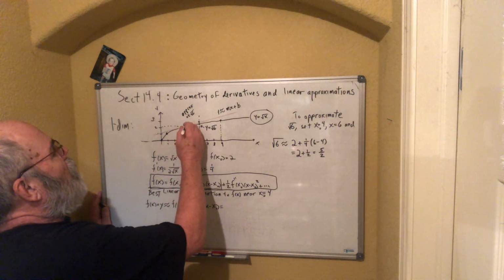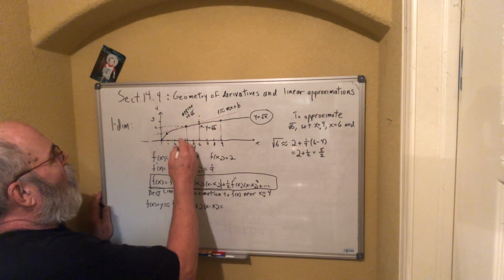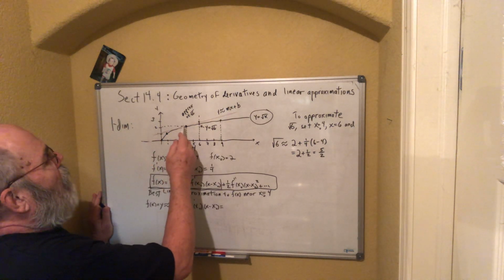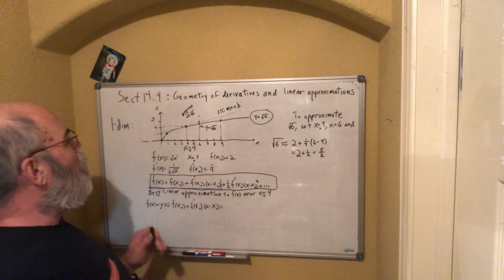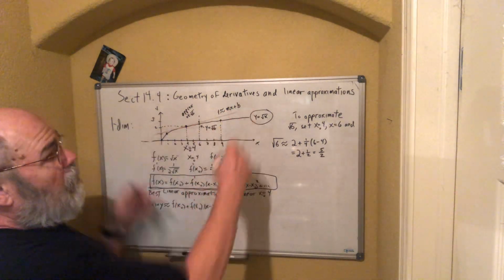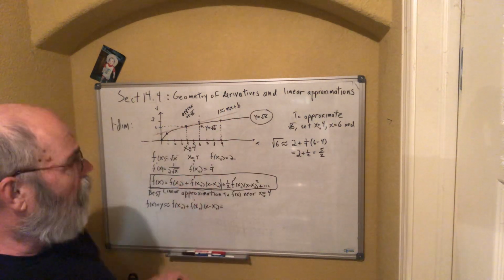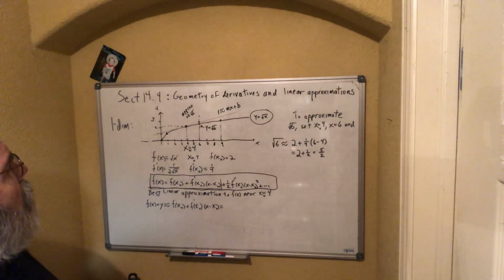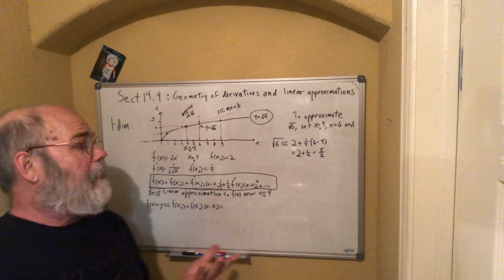So here's the point: 4, square root of 4 is 2. The tangent line goes through that point, and of course is tangent to it. And so basically that's it.